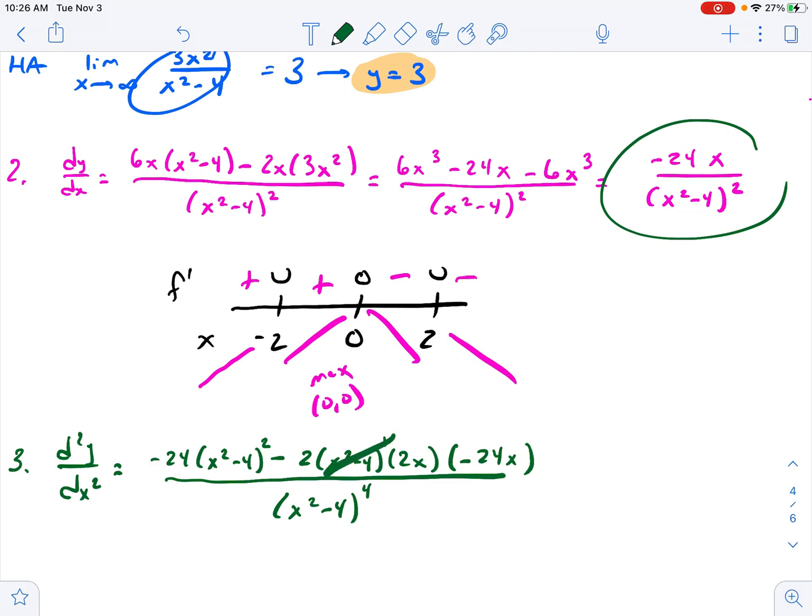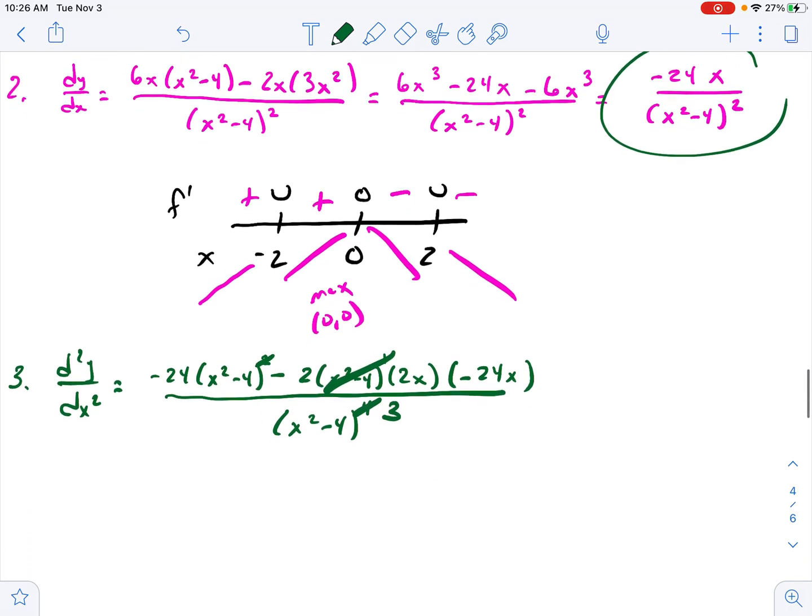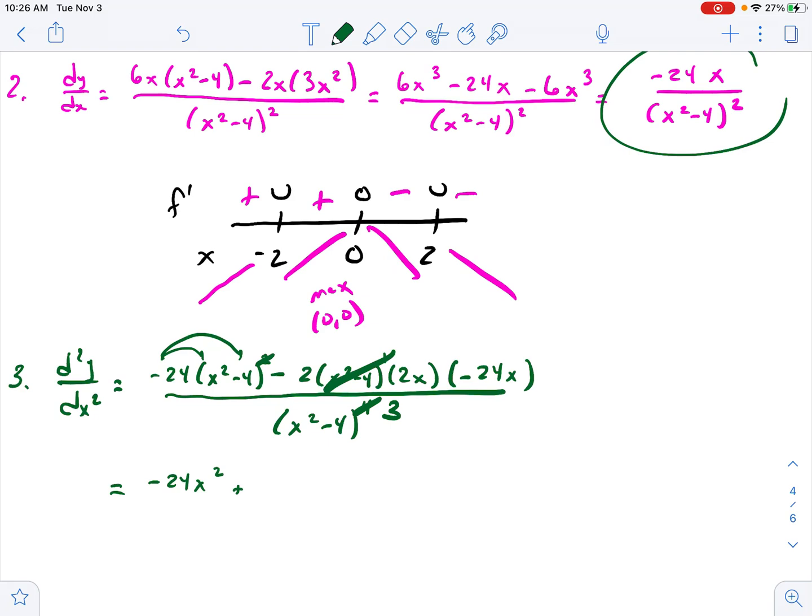And again, this x squared minus 4 appears in every term, so I can cancel 1 power of it from everything. Instead of writing how I'm factoring it out front, I'm just showing you I can cancel this way instead. Distributing, negative 24x squared plus 96.